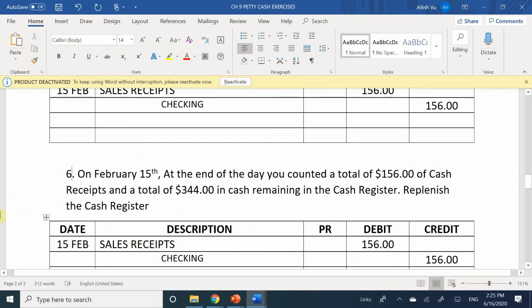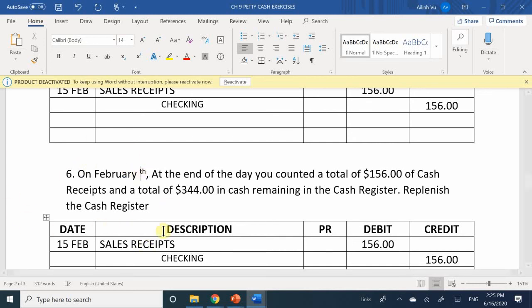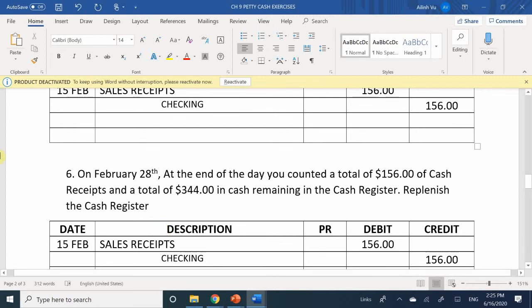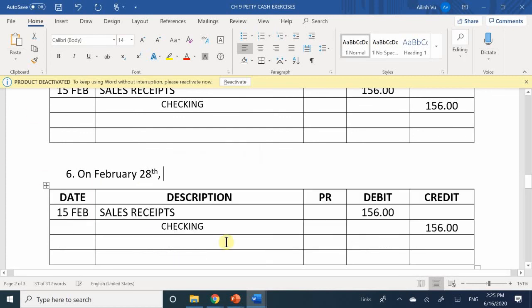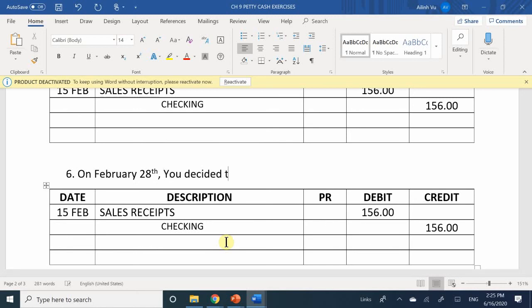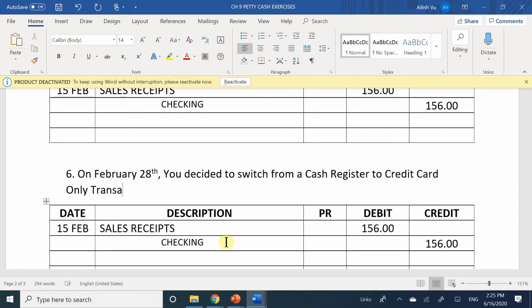Okay, so here I'm gonna assume that maybe February 28th, you decided to switch from a cash register to credit card only transactions. Okay, so journalize the closing of the cash register.